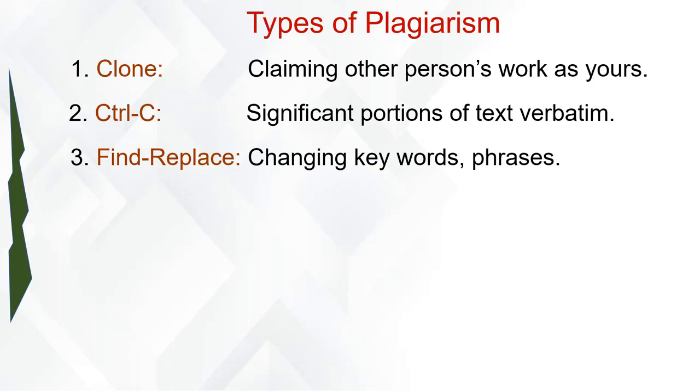Find and replace is also some sort of plagiarism where you change just a few words, and those words you can find by putting them in the find option, and replace them with some other word or phrase. Again, find and replace should be okay if you are giving credit to the original source, but in most cases people don't, and that's why it's called plagiarism.